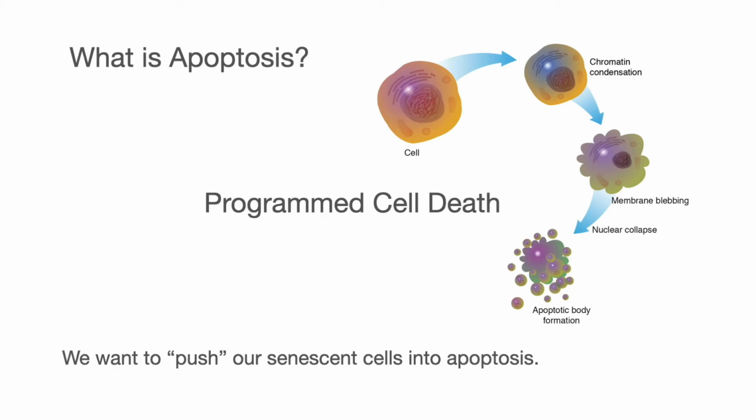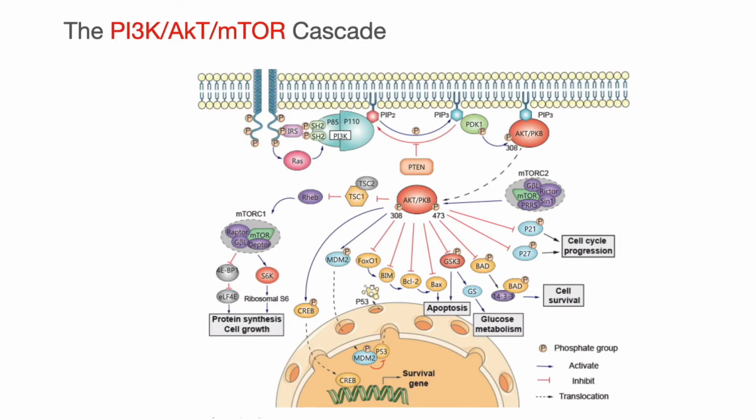And with this next slide, I'm going to show you this very complicated cascade of cell cycle regulation. It's called the PI3K AKT mTOR cascade. The PI3 portion of this is right up in here, and this is a kinase cascade. The word kinase just means phosphorylation.